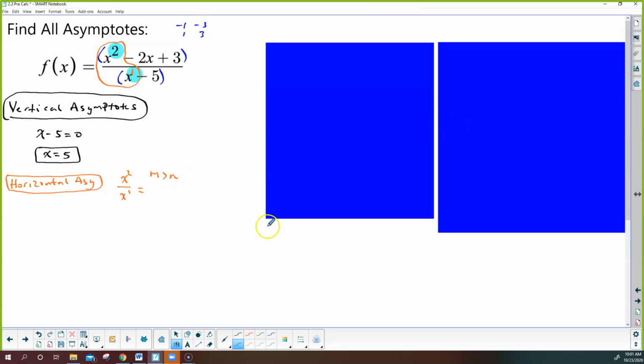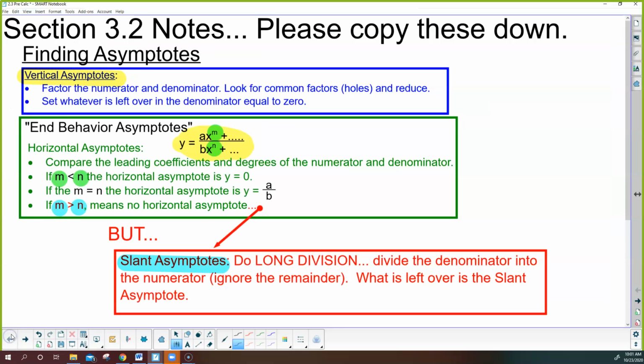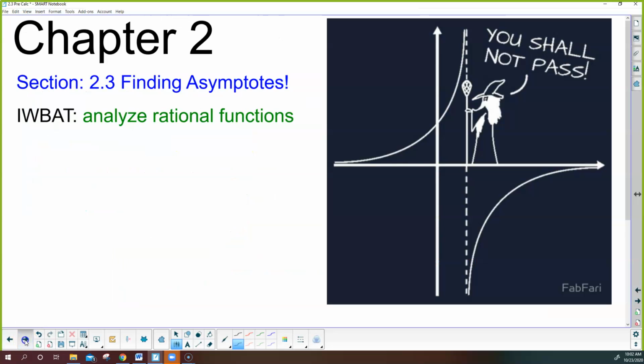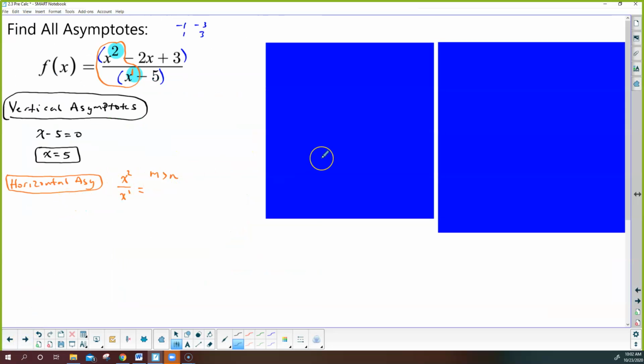So what is that going to look like? I'm just going to jump back really quick to our page so we can make a connection to the notes. So when m is greater than n, that means there are no horizontal asymptotes. However, we have to do something new, and this is the slant asymptote that we're talking about. So we're going to introduce this idea of a slant asymptote right away.